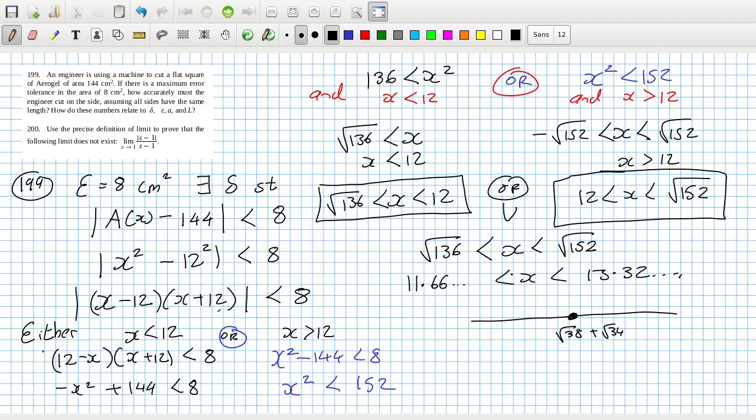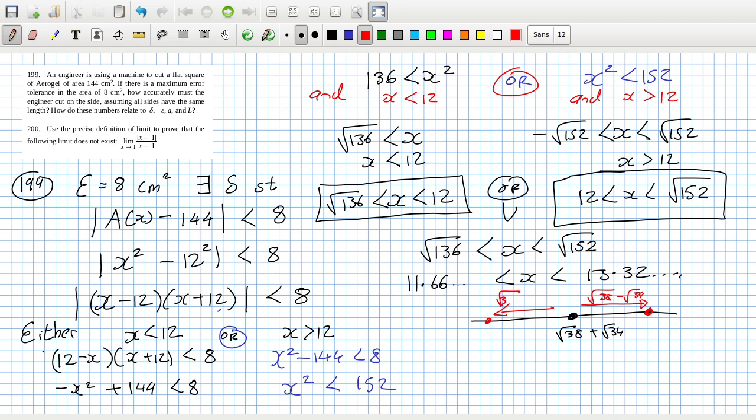If you add these two together and divide by 2, so this upper one, root 152, up here, that distance there is root 38 minus root 34, and then at the lower end, that's good.